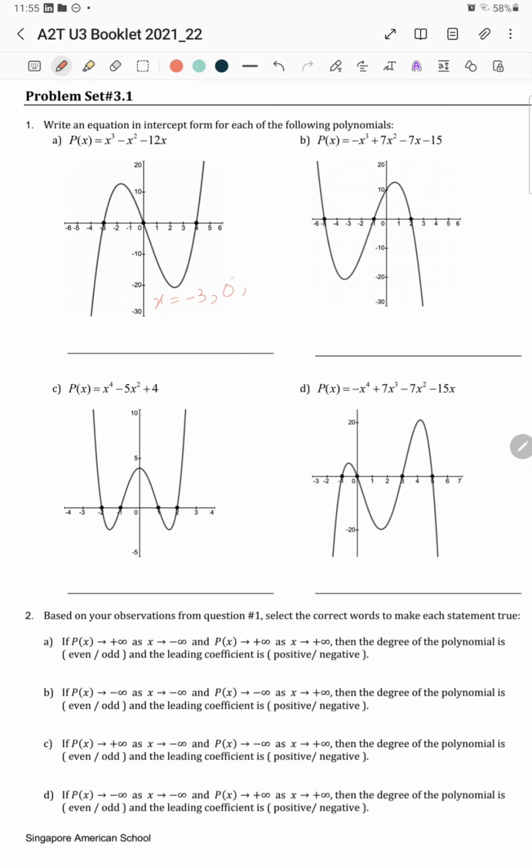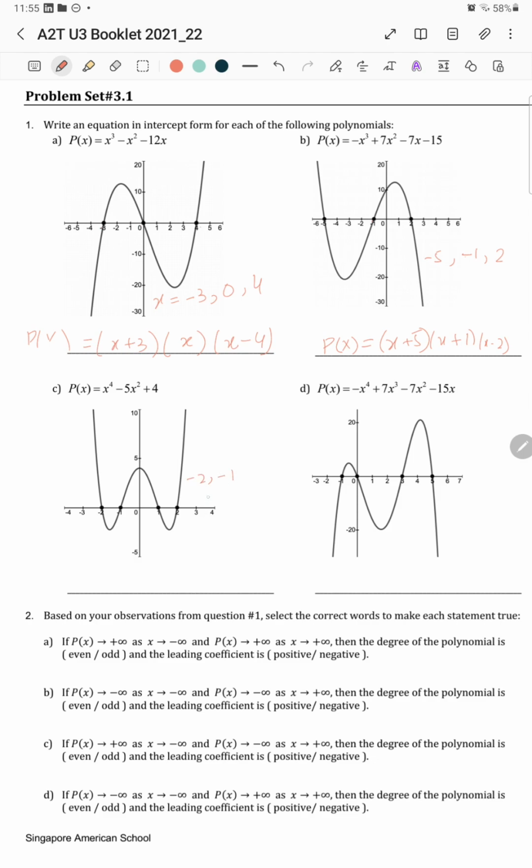-3, 0, 4: x plus 3, x plus 0, x minus 0, x minus 4, which is equal to p of x. Then -5, -1, 2: x plus 5, x plus 1, x minus 2.